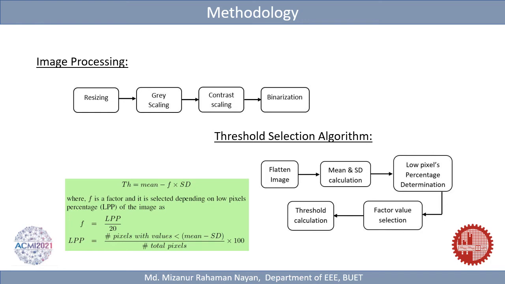So we need to select the threshold smaller than mean value for removing noise and minimizing insertion error. And for an image with low pixel percentage, threshold is selected close to the mean value to ensure no content vanishes.